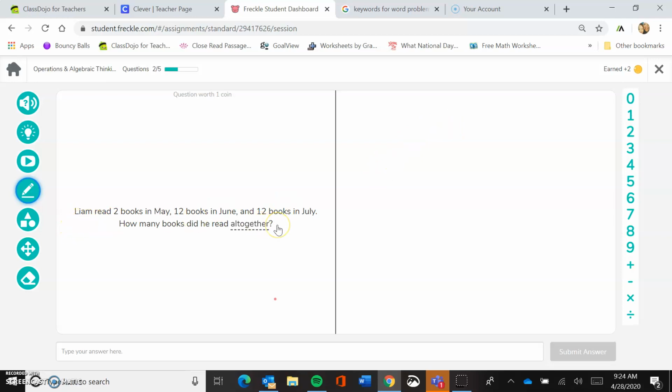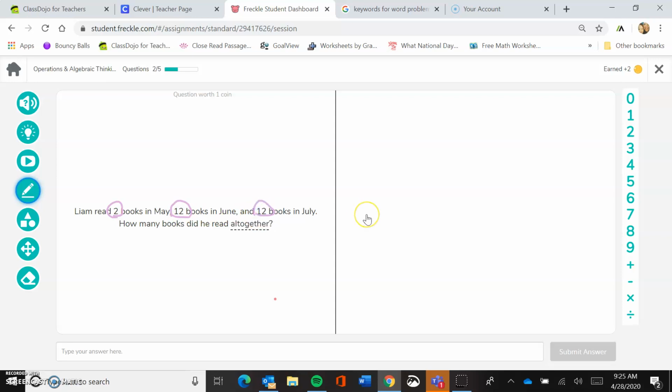So let's take a look. We need to read the problem and we need to underline those key details that help us to figure out what the problem is asking us. It says, Liam read 2 books in May, 12 books in June, and 12 books in July. How many books did he read altogether? So, like we've talked about, we need to make sure we circle the numbers. 2 in May, 12 books in June, and 12 books in July.